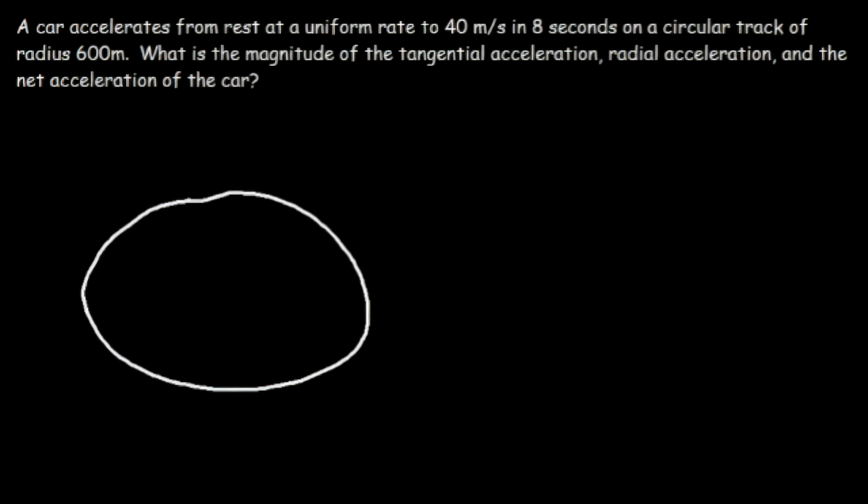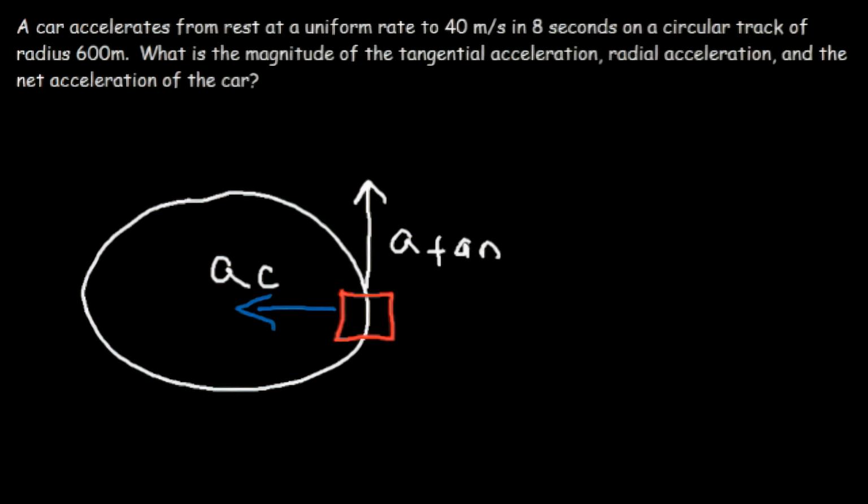So let's say we have an object moving in a circle. Now, if it's turning, it has a radial or a centripetal acceleration. And if it's speeding up as it moves around a circle, it has a tangential acceleration.